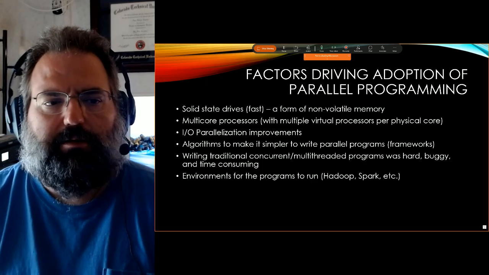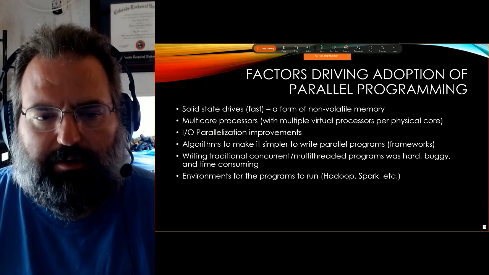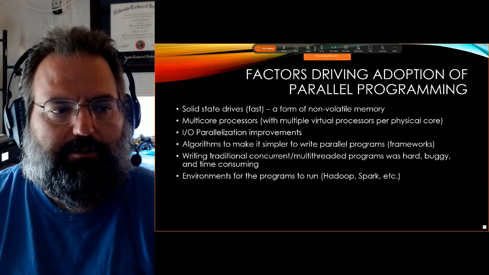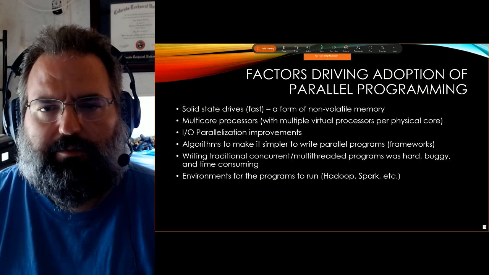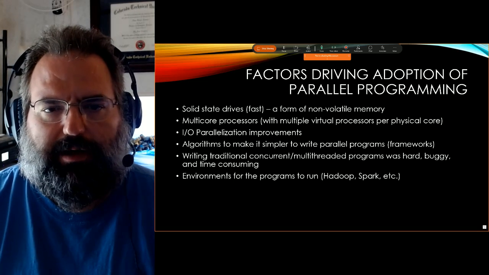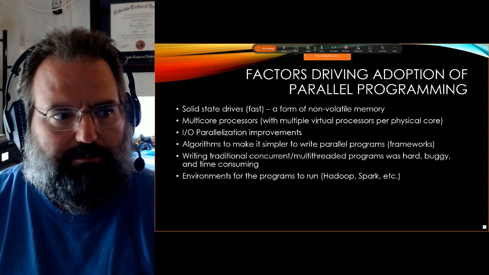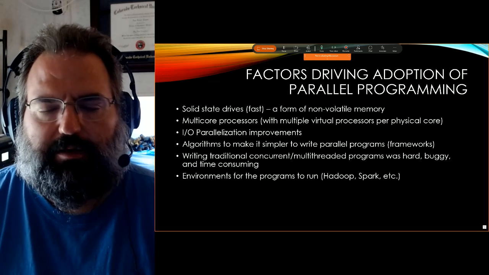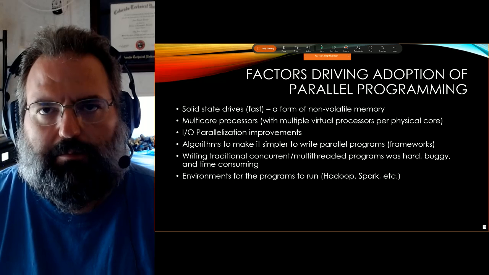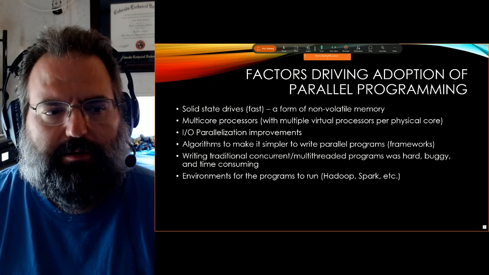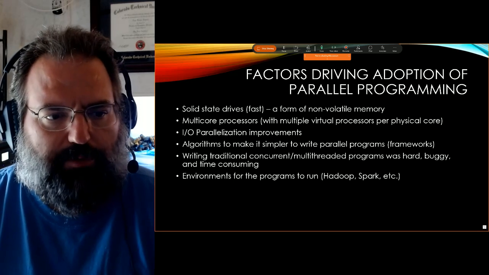We talk about forces and factors that are driving adoption of parallel and distributed programming. And these are an important thing to think about from a how-did-we-get-here perspective, right? First, solid state drives. They've made it to where accessing data from mass storage versus memory is not that much different.